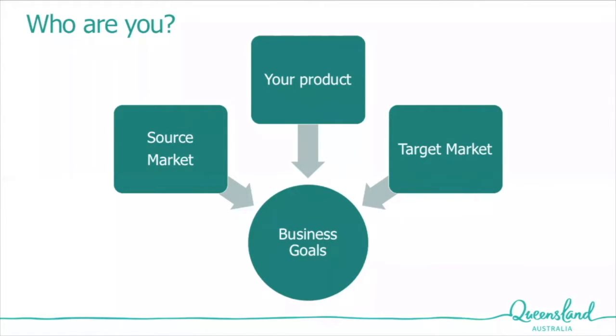So once you're clear on all aspects of your business model canvas, you then have a clear idea of who you are as a business, because what you've done is you've clarified your source market, you've clarified your target market, you've got clarity around your product and what those different services and that real value proposition is to that target market.